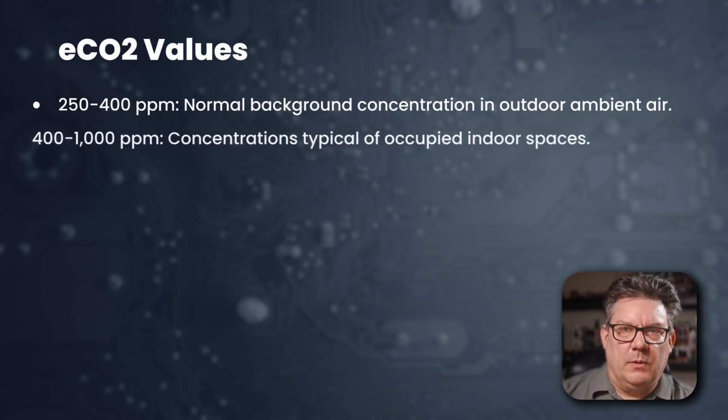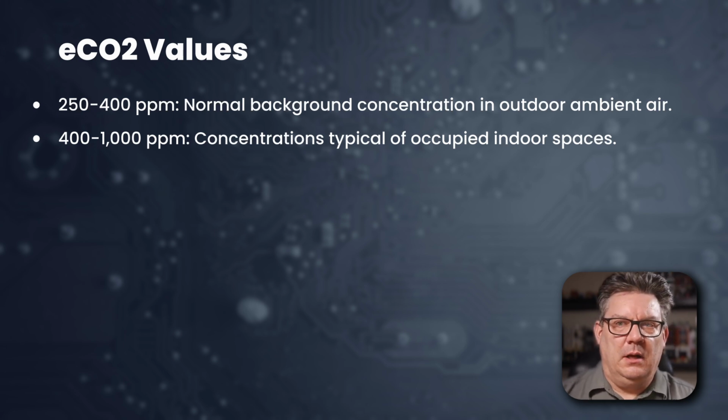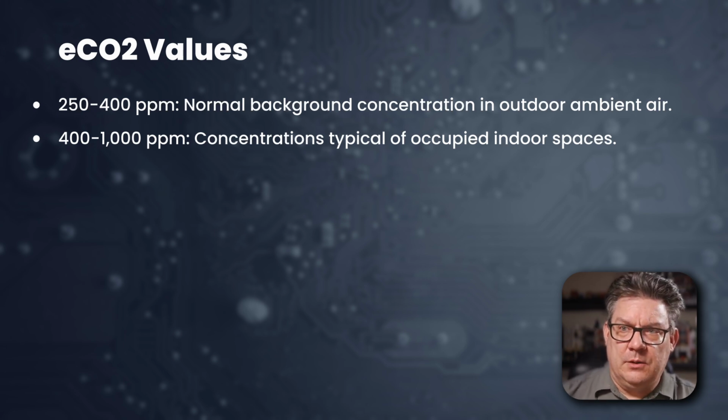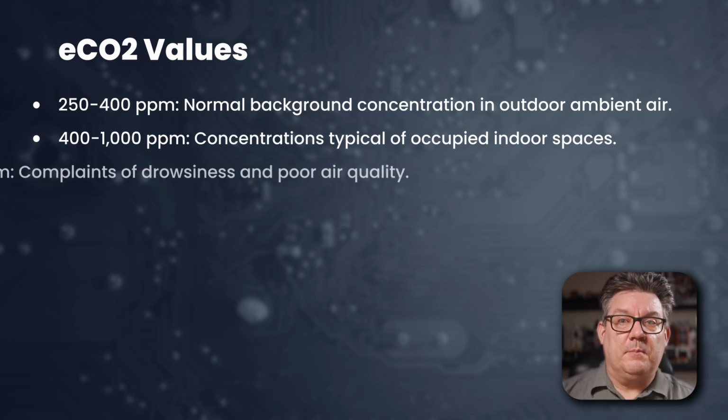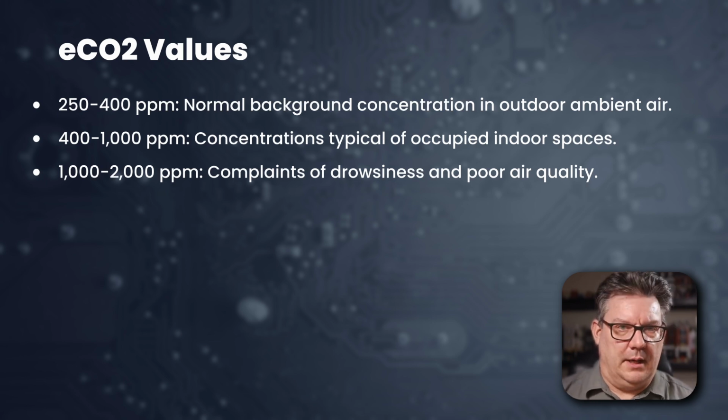From 400 to 1000 parts per million, the concentration is typical of an occupied indoor space, and there is good air exchange. From 1000 to 2000 parts per million, people may start to complain about drowsiness and poor air quality.